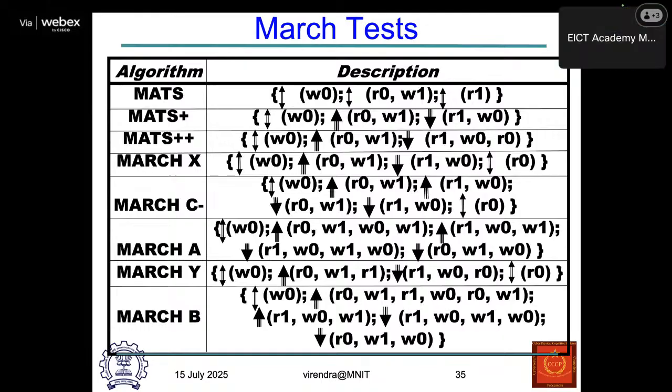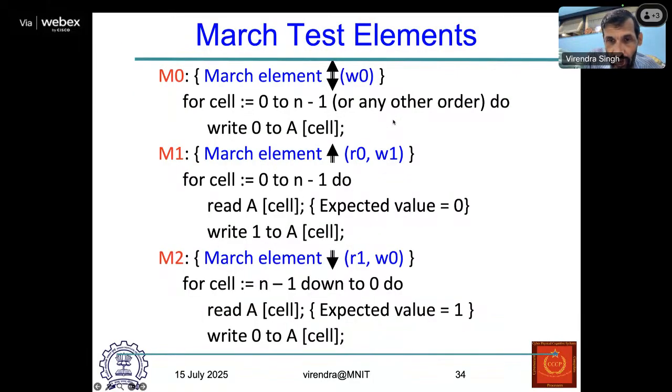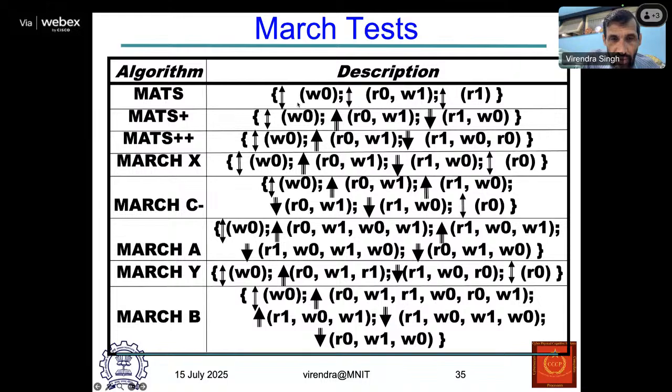Now that test was augmented to the following test that I have shown over here. That is called March Plus. Here we have added one additional step. So this is 5n, 5 operations with every cell.